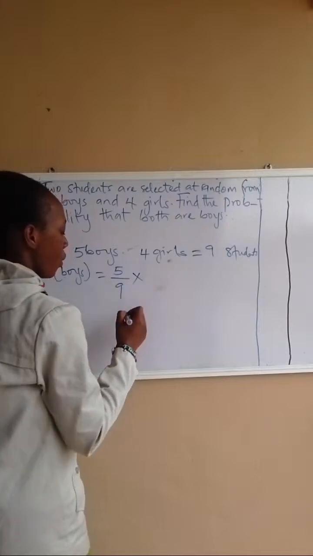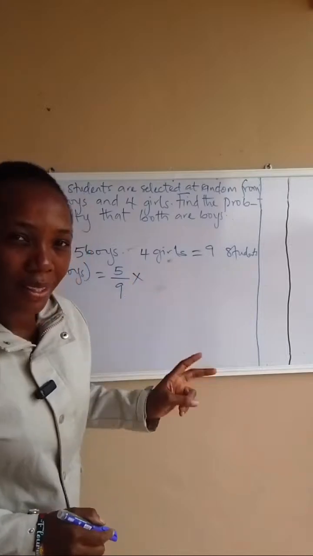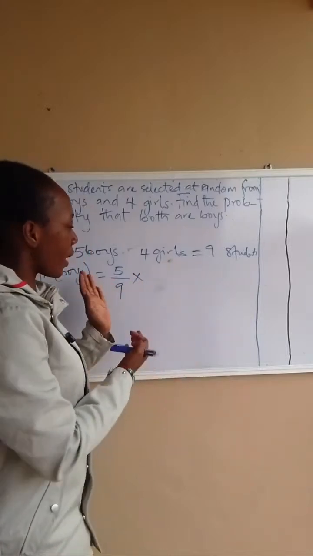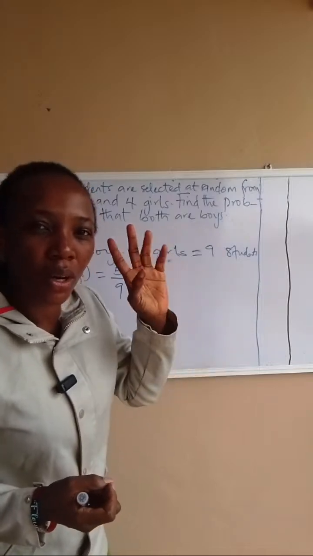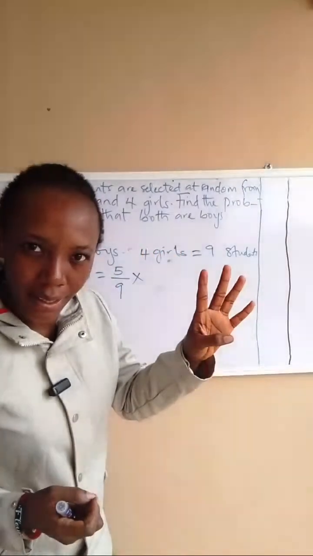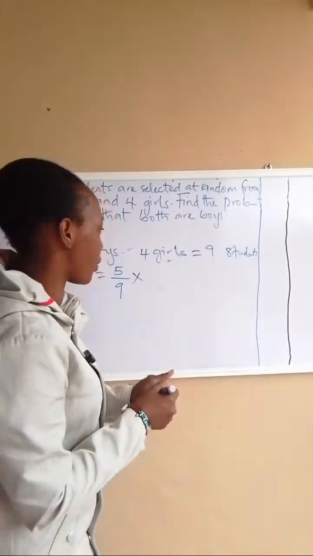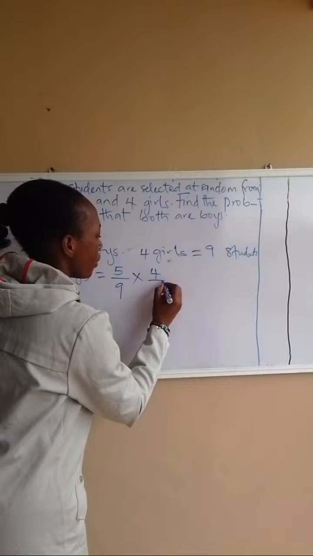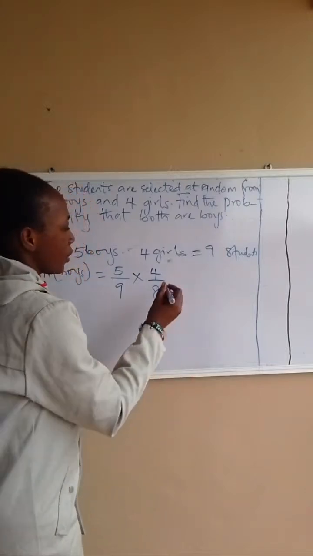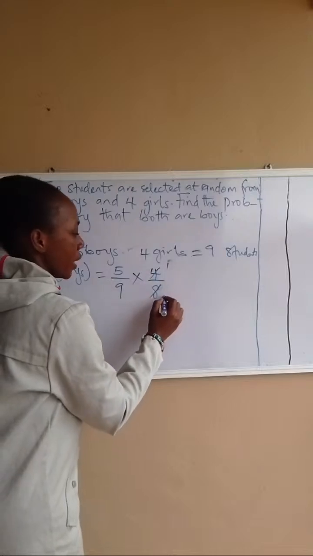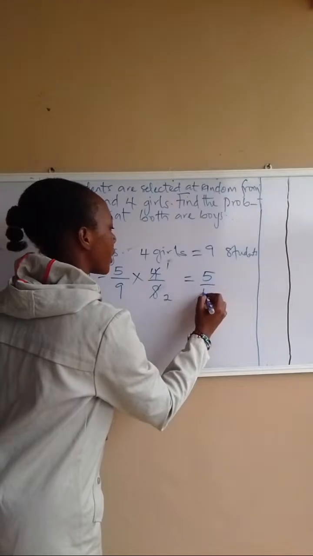Then, that's 1 student. For the second one, if 1 student has been selected, we have 4 more boys left, and the total number of students is 8. So that's 4 over 8. Now, 4 here is 1 and 4 here is 2. So when we multiply, we have 5 over 18.